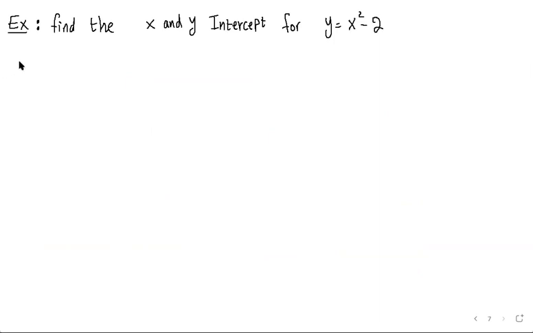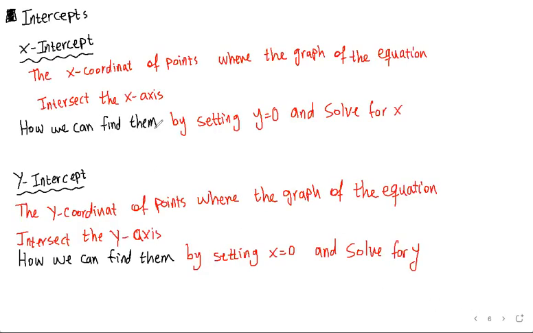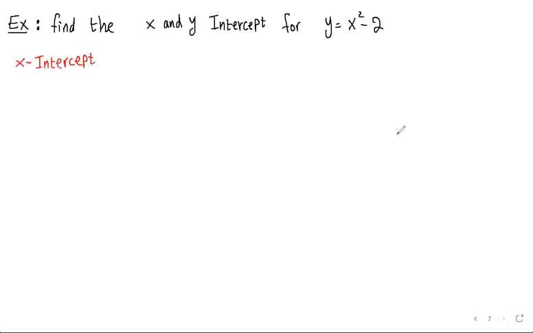So how can I find the x-intercept? Go back to the previous slide, how we can find them. Set y equals 0 and solve for x. So make y here equals 0. This means the equation will be 0 equal x squared minus 2.